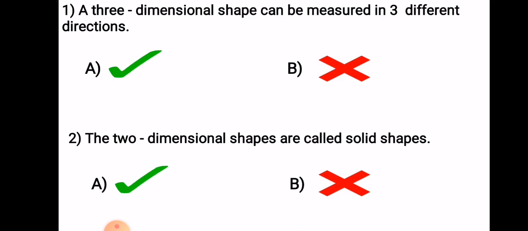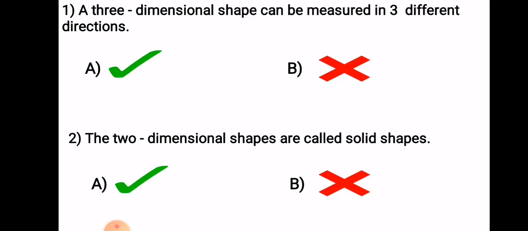Can you remember what the meaning of flat? Means we can draw them on a flat surface, like paper. Also, we cannot hold all of our 2D shapes with our hands, or even put something inside them, like circle, triangle, or even a square.